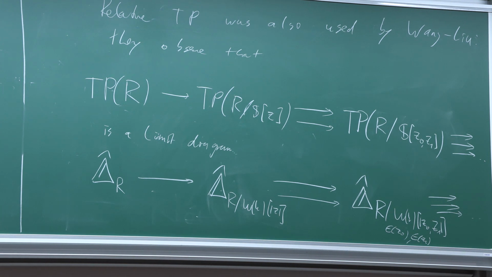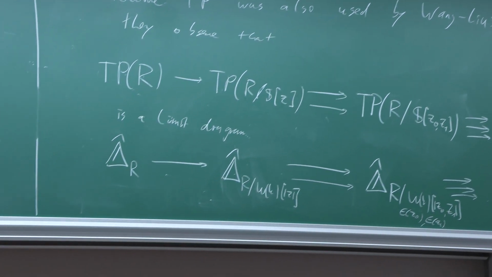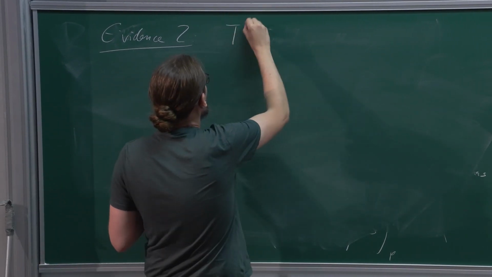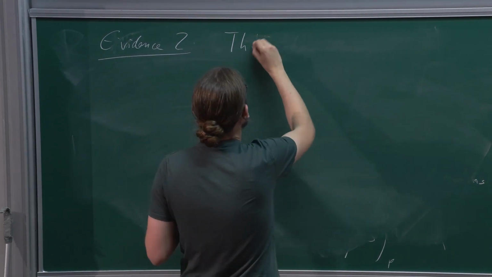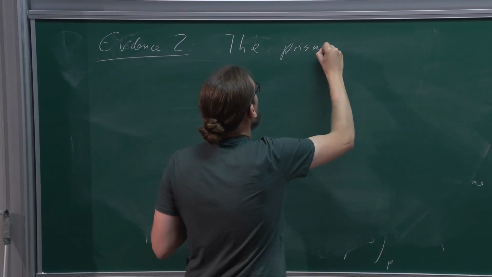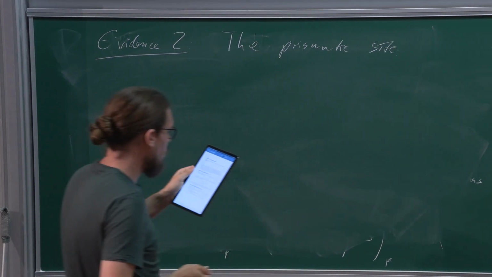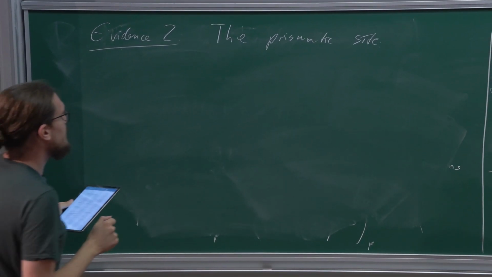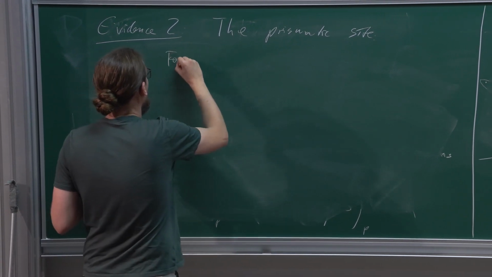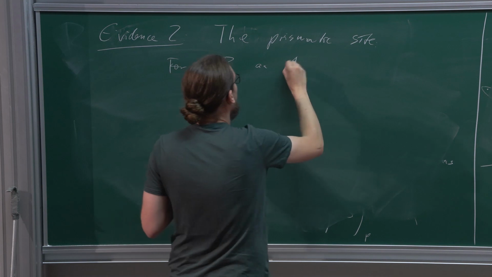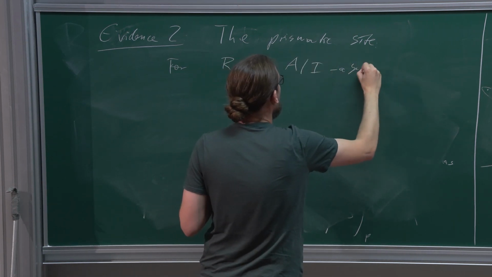Let us also look at this. So how was relative prismatic cohomology defined? It was defined through a prismatic site for R an A mod I algebra.